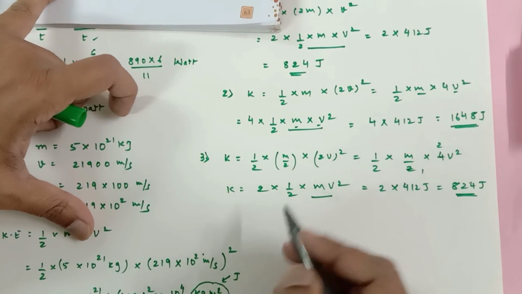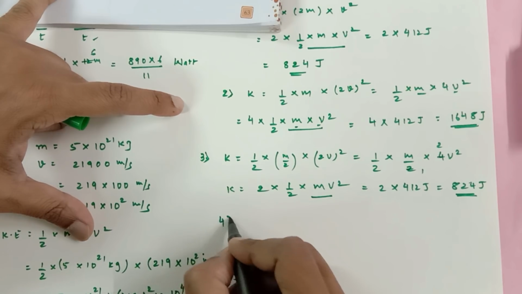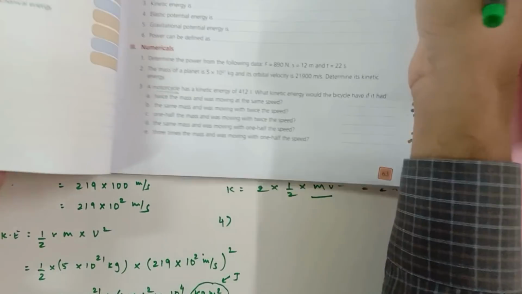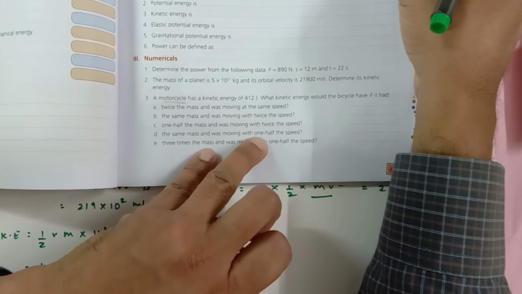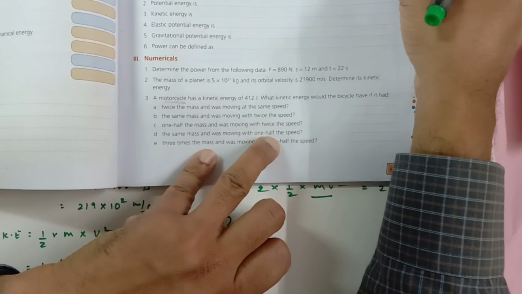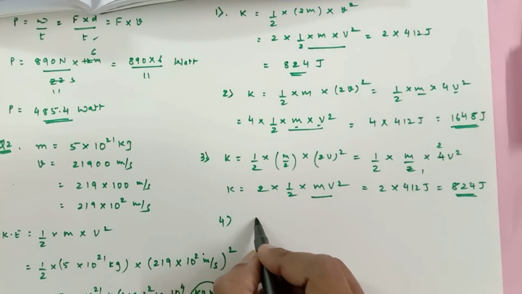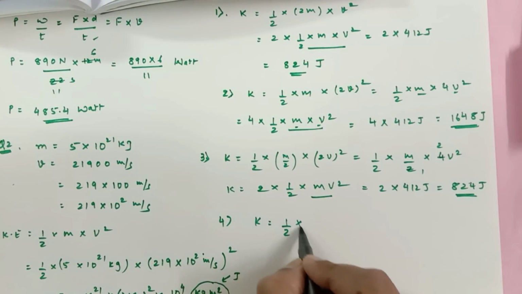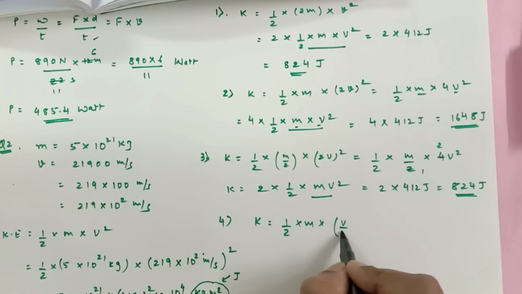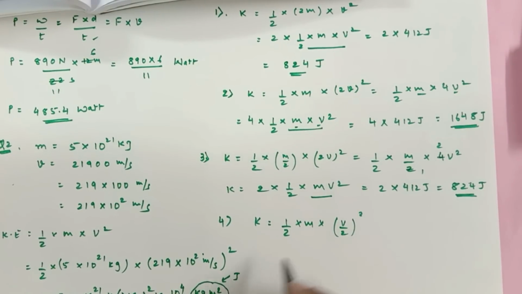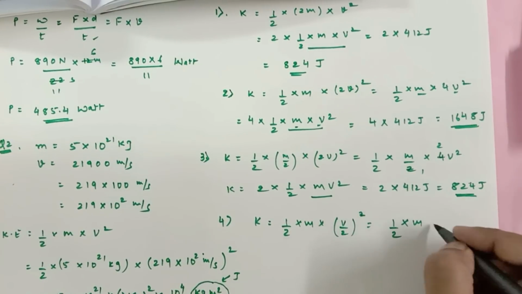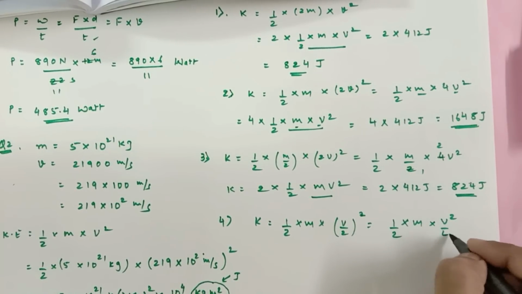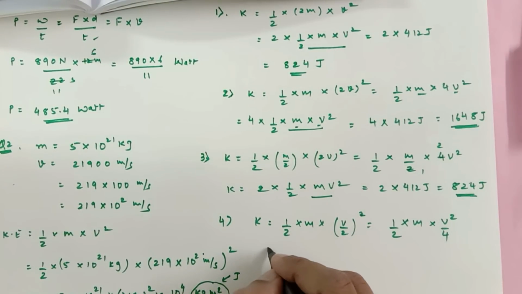Now if I do the second last problem, the mass remains the same and the speed becomes half. So kinetic energy K is equal to half, mass remains the same, but the speed becomes v by 2 the whole square. So it is equal to half into m into v square by 4. This 1 by 4 factor I am going to pull out.